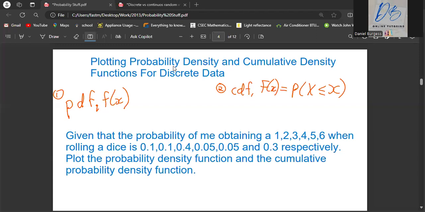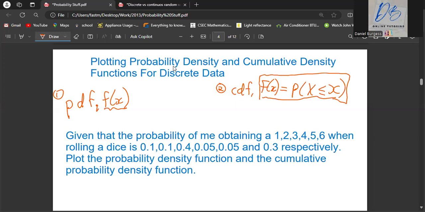The notation for the PDF is commonly f of x. And the CDF is capital F of x, and remember this, it is the probability that X is less than or equal to x. Once you remember this, everything else will make sense when we plot it.